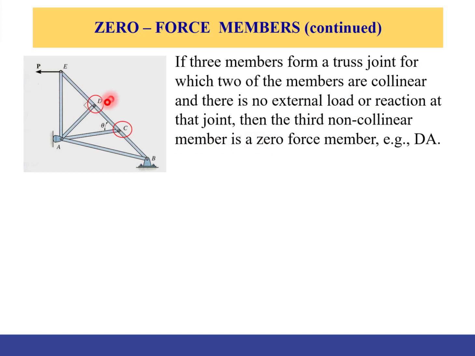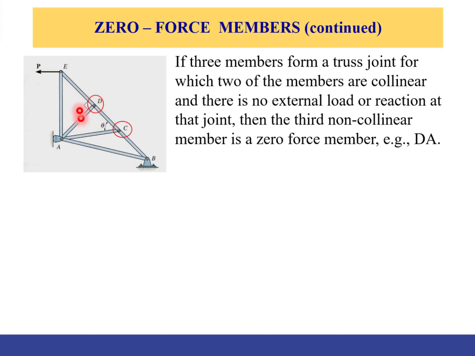Another way to say it: if you look at this truss, take three members where two of them are collinear. So ED and DC are collinear, and the third member, which is jointed at D, is not collinear with them.